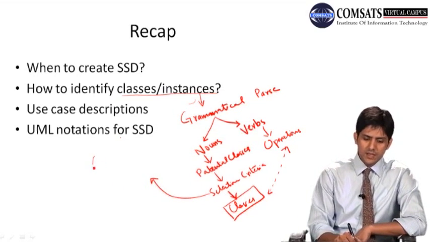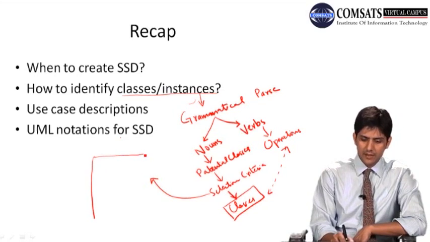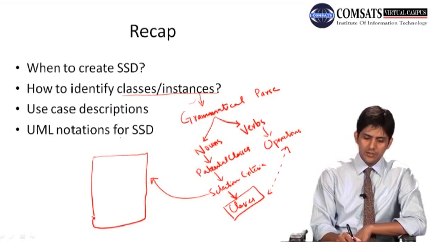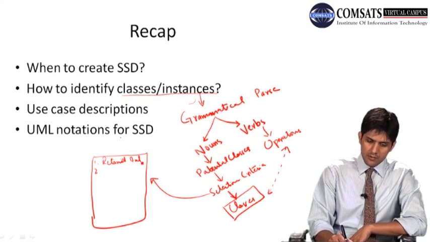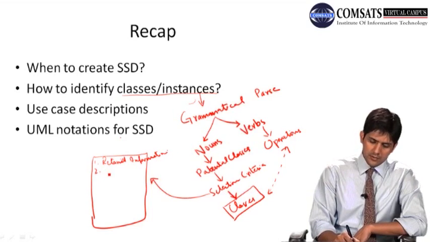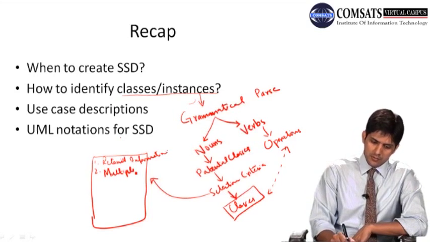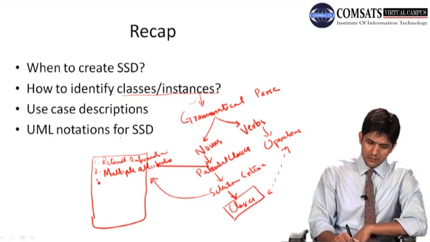We will cover that once again when we do a lecture on class diagrams. But there were basically 6 criteria. I think number 1 was retained information. Then, I think, multiple attributes.